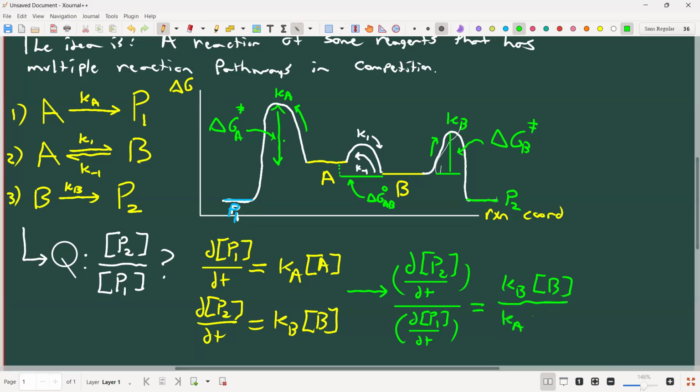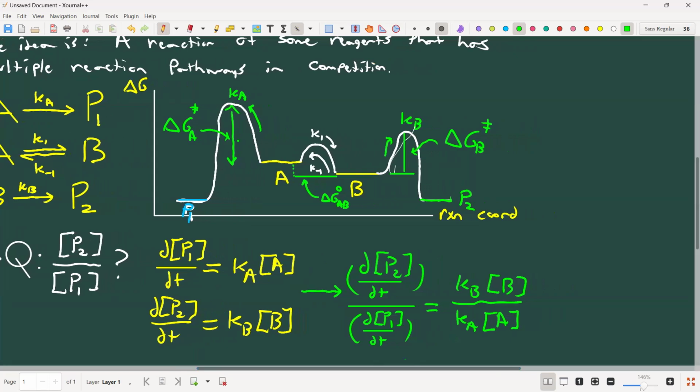divided by Ka times A. And let's think a little bit about this derivative that we're taking. We're taking a ratio of derivatives. So we can kind of think, well, if these are both moving along the same time trajectory, dt is tracking the same steps.